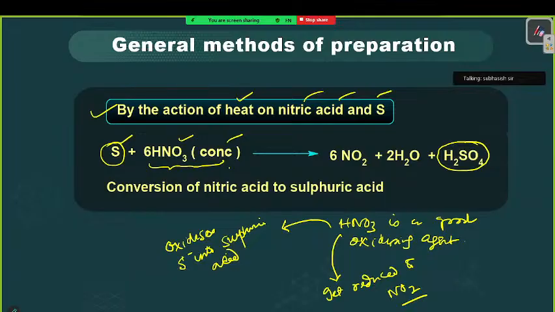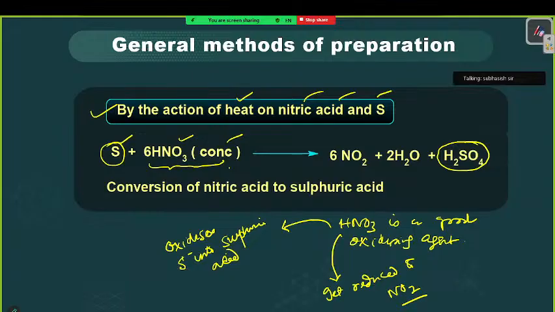Now, when you read any reaction, as we all know, around 95 to 96% of reactions are redox reactions. So if you read any type of reaction, not only redox reactions but also other reactions, in most cases you will face redox reactions.